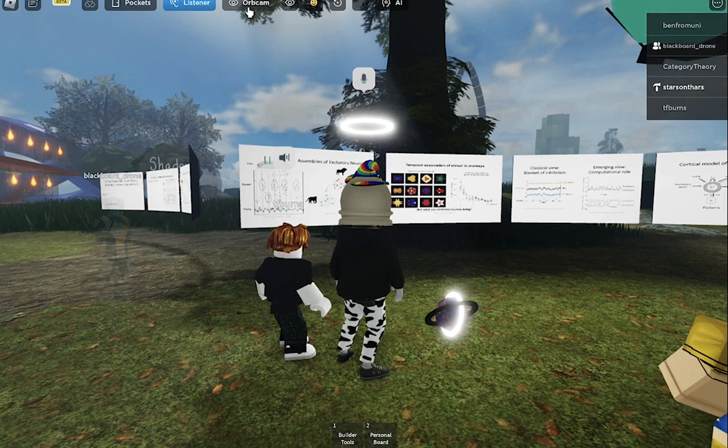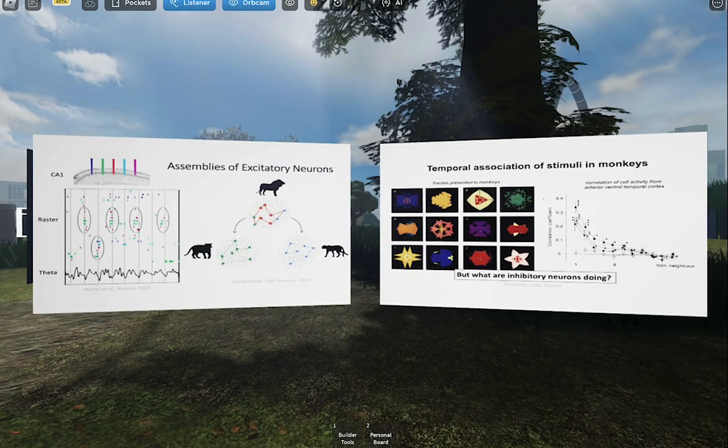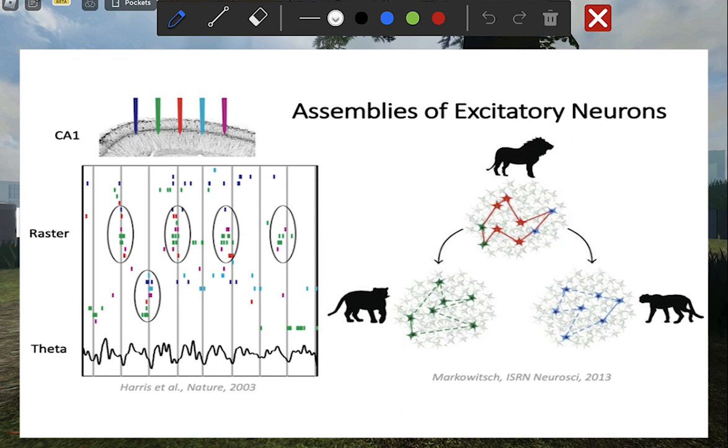All right, so now let's talk a little bit about memory. So hopefully now I've established to you that inhibitory neurons are quite important. Let's just talk about excitatory neurons. So this slide on the left shows a few things.